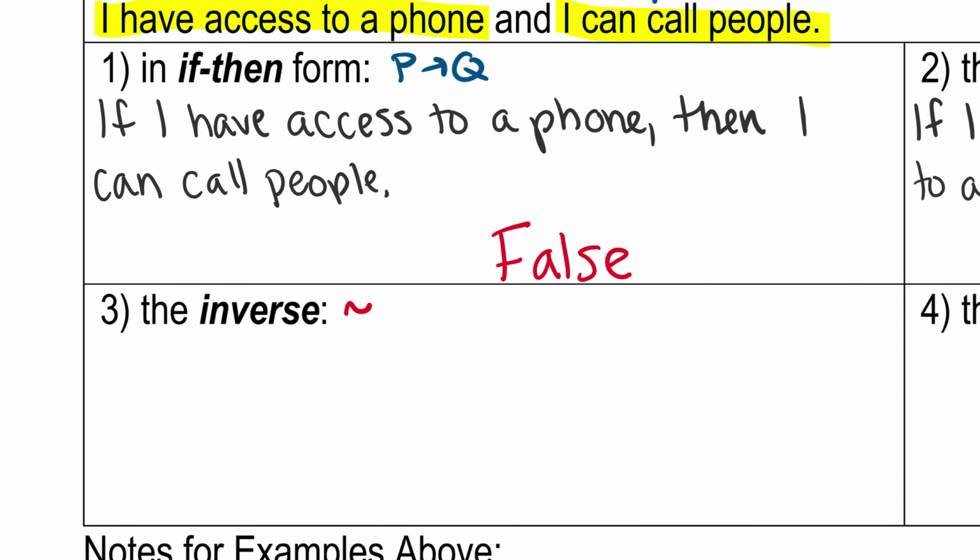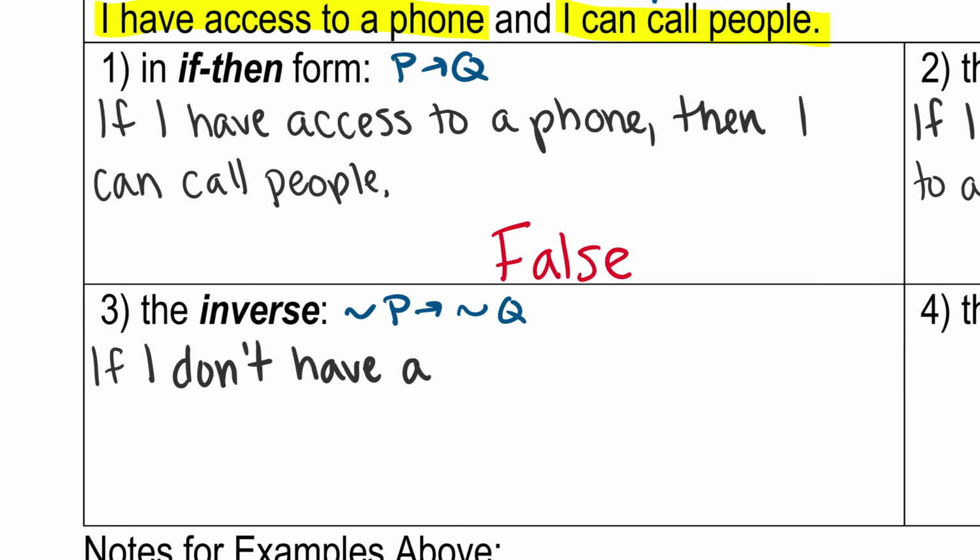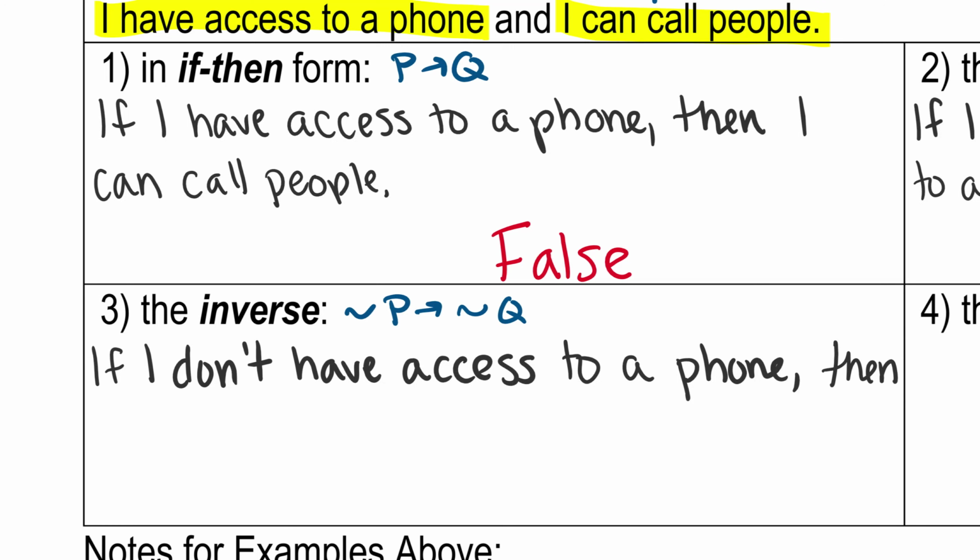So I have not P, then not Q. So instead of saying if I have access to a phone, if I don't have access to a phone, then I can't call people.